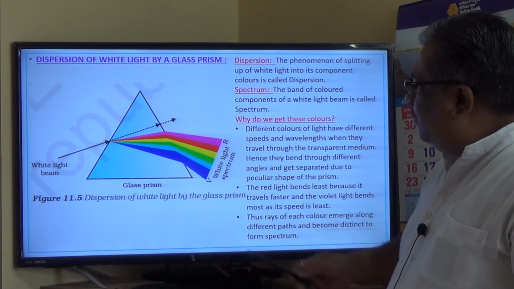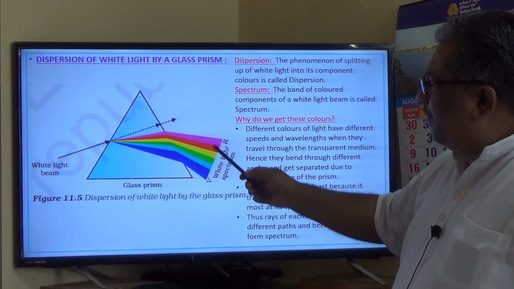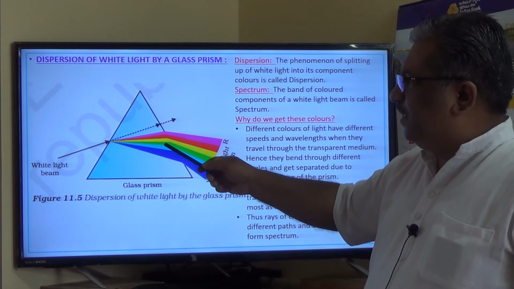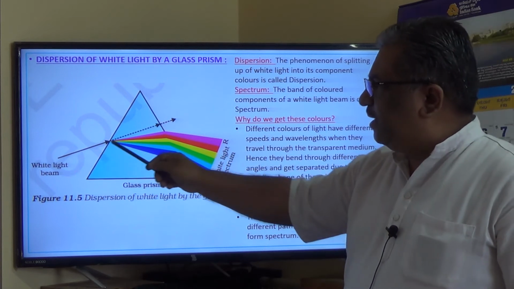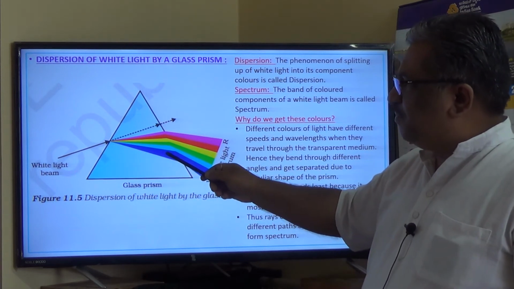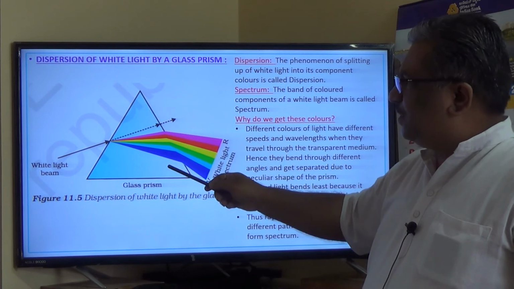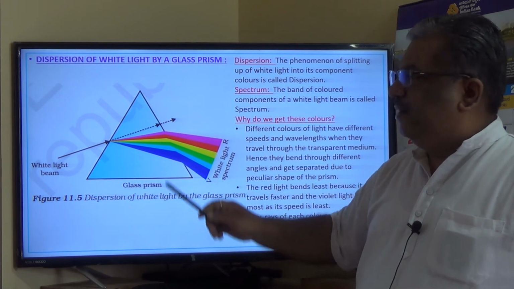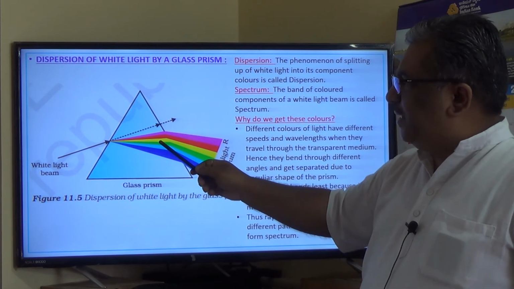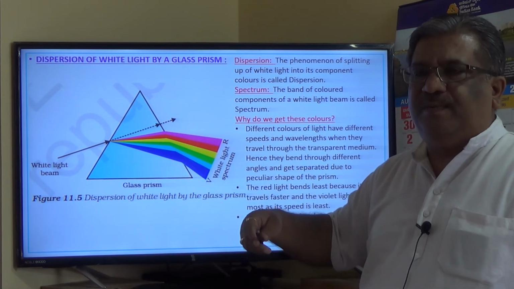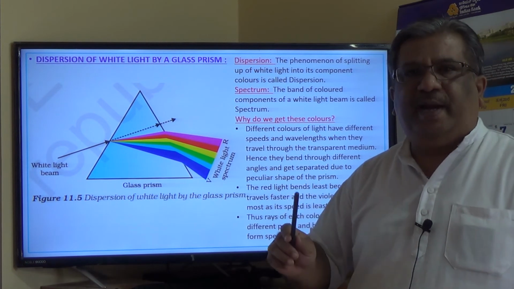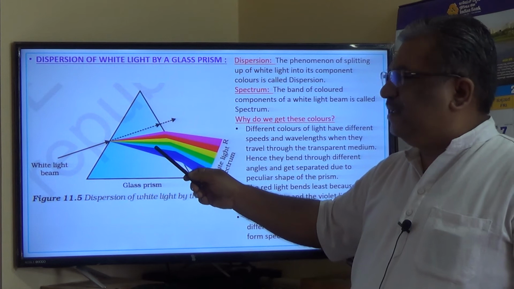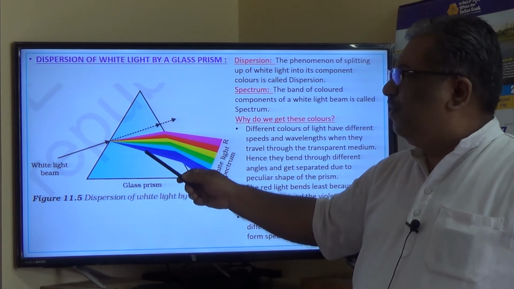Okay. So here the splitting up of white light into its constituent colors is called dispersion, and further those colors get separated due to the peculiar shape of the prism. This splitting up of the white light is due to the change in speed, the different wavelengths and the difference in speeds.